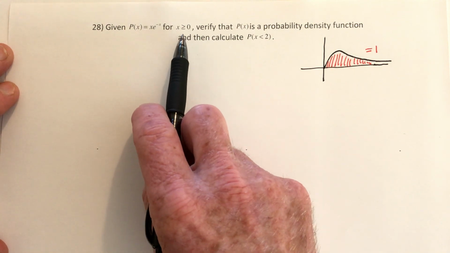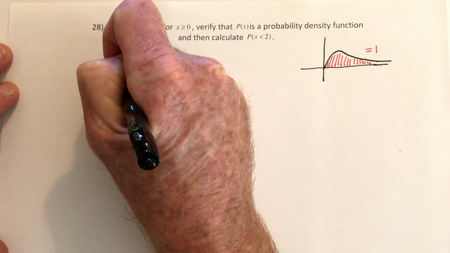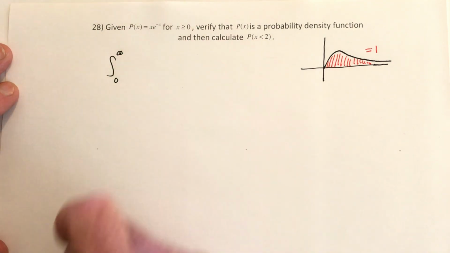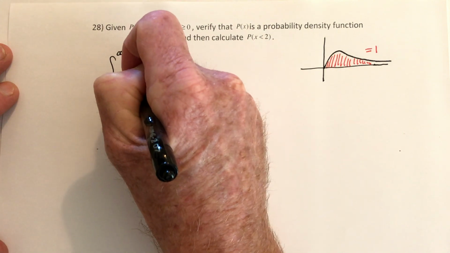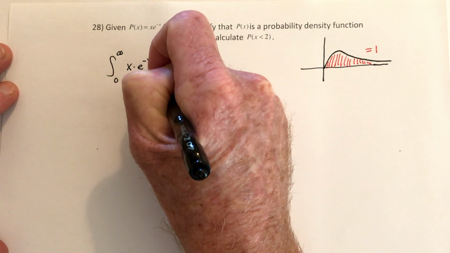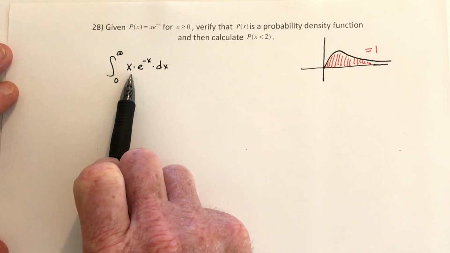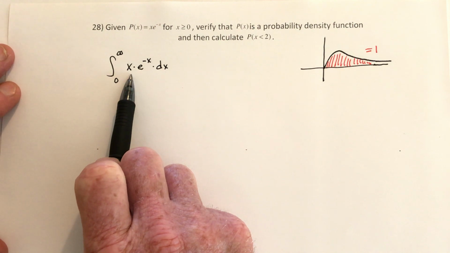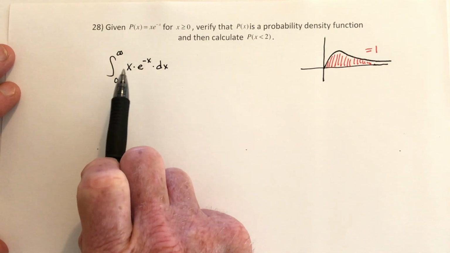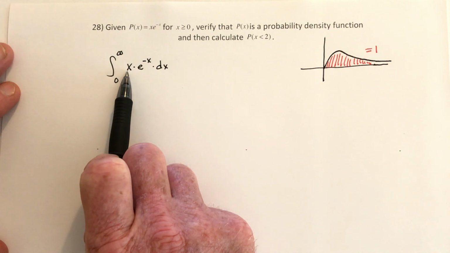This is saying bigger than 0, so that means integrate from 0 to infinity the x times e to the negative x function. And because this is a multiplication, I'm thinking that integration by parts would be a good idea. And also, if I let the u be x, the derivative of that's just a 1.